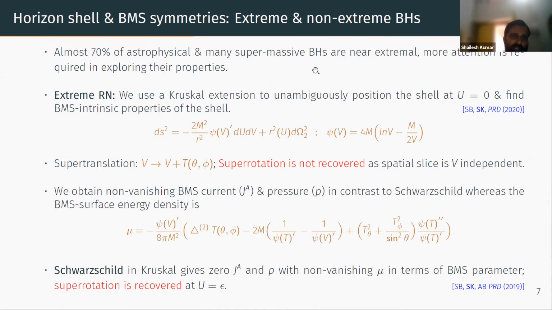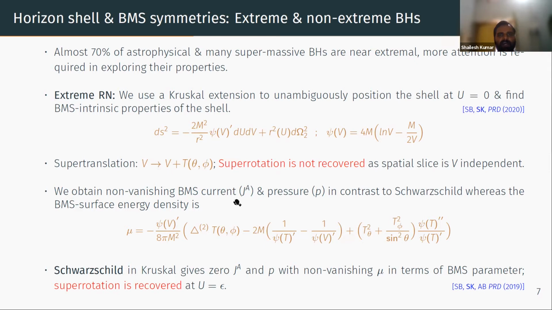Here for the extreme RN case, we find that the spatial slice of the metric is nothing but the theta and phi coordinate two-sphere metric, and this will give us supertranslation. But as an important point I mentioned earlier, this R parameter does not depend on the V coordinate, right? So this tells us that the super rotation cannot be recovered.